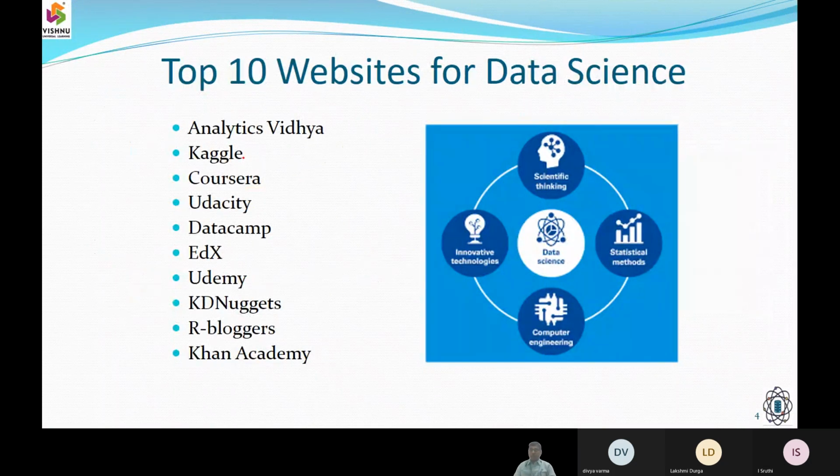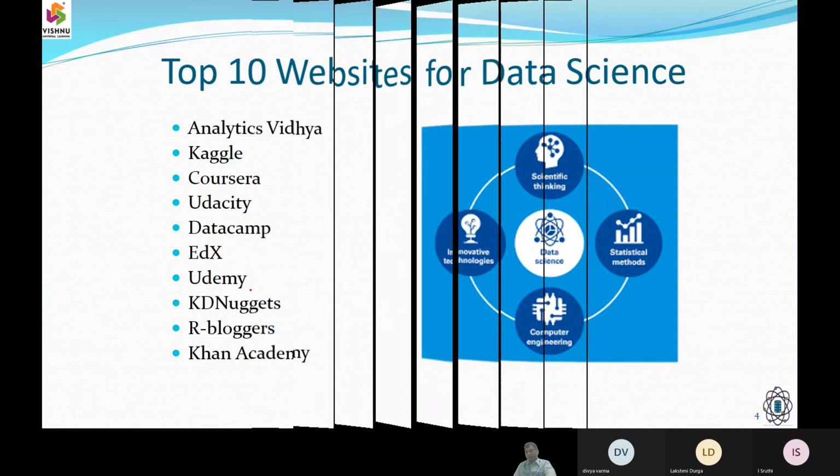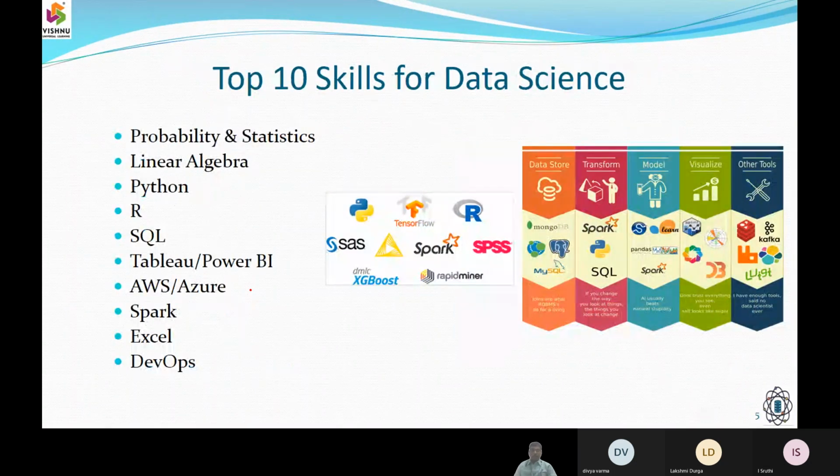In my earlier discussion, we were talking about the top 10 websites for data science, where we mentioned Kaggle, Coursera, Udemy, or edX. These are some of the prominent websites, and the skills to acquire for data science are probability and statistics, linear algebra, Python programming and R programming, and many more.